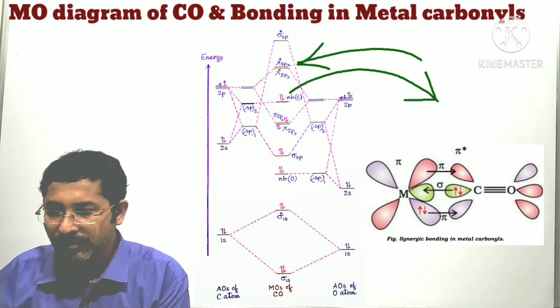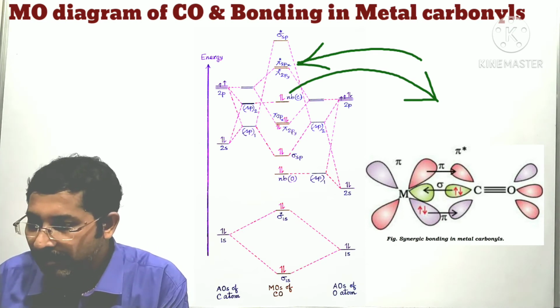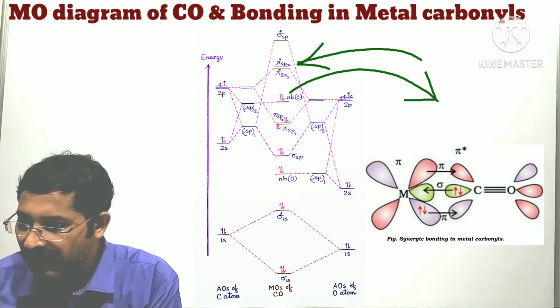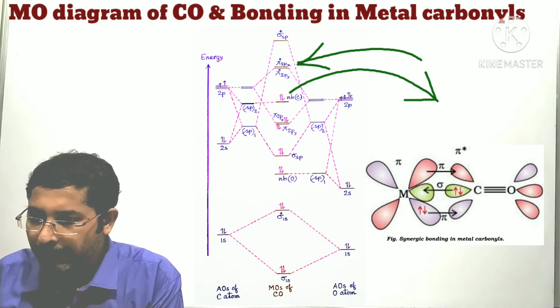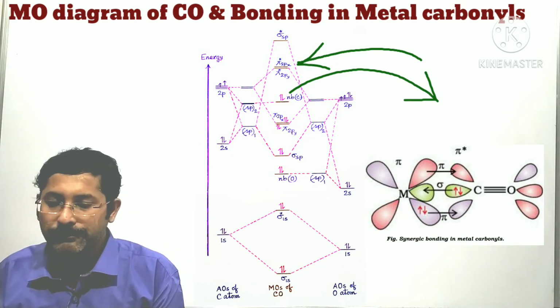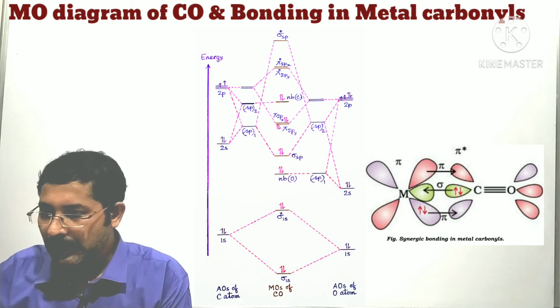One sigma bond is formed from carbon to metal and one pi bond is formed from metal to carbon. So this simultaneous bonding actually strengthens the metal carbon bond. So the metal carbon bonds become very strong. So this effect is known as synergic effect.